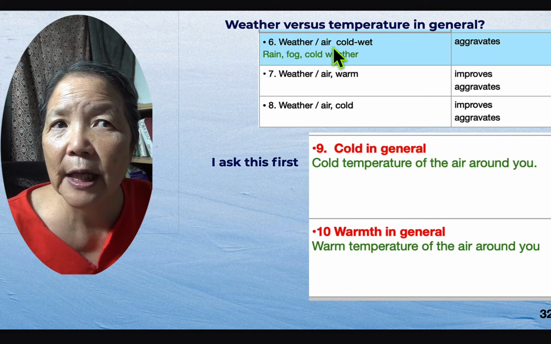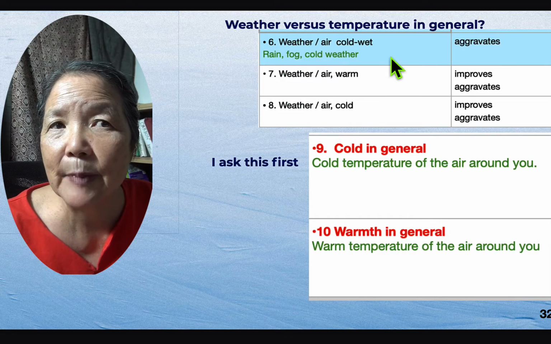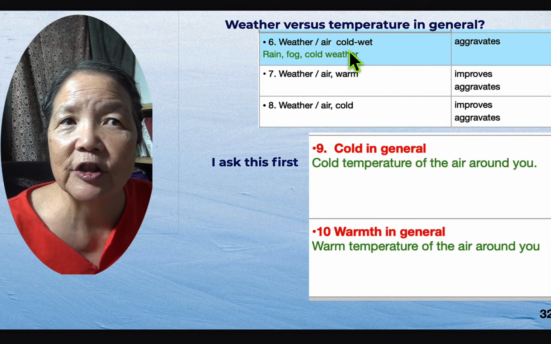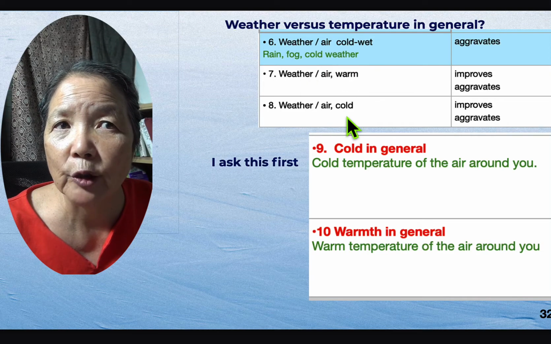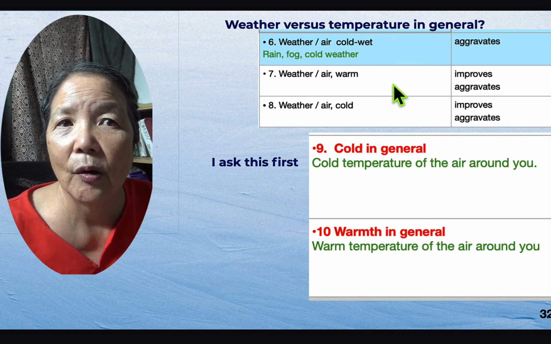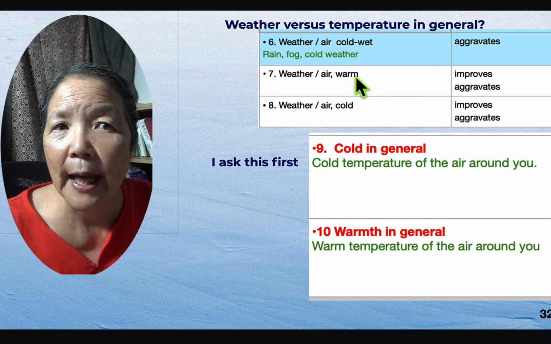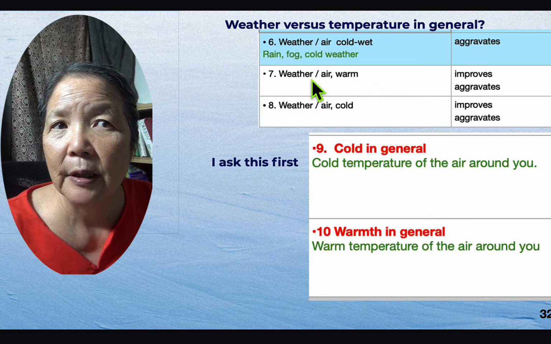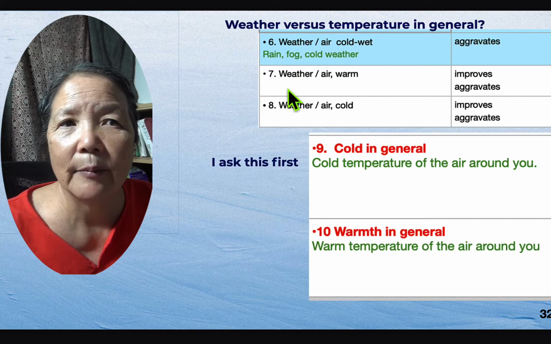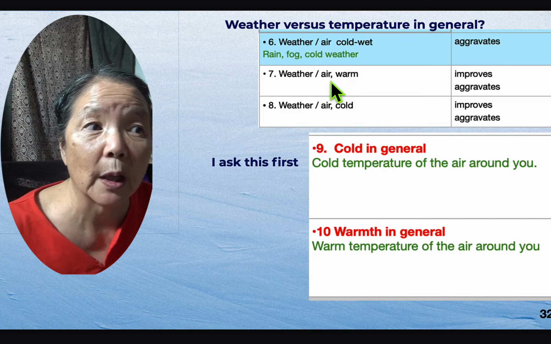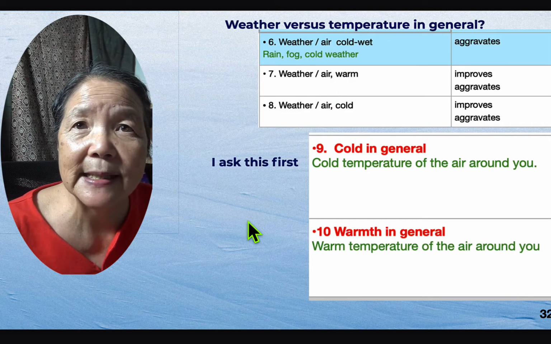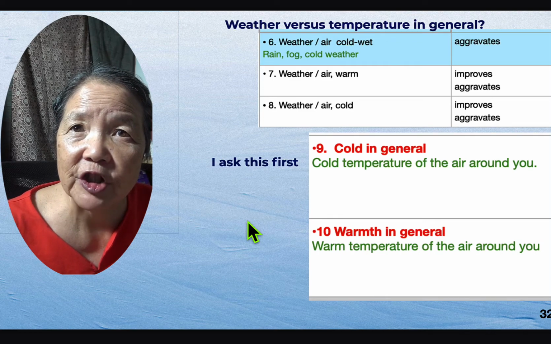And then you find out whether they have these special conditions of weather being cold and wet, or warm air affects them more. So air would be something that's blowing. It could be wind as well.